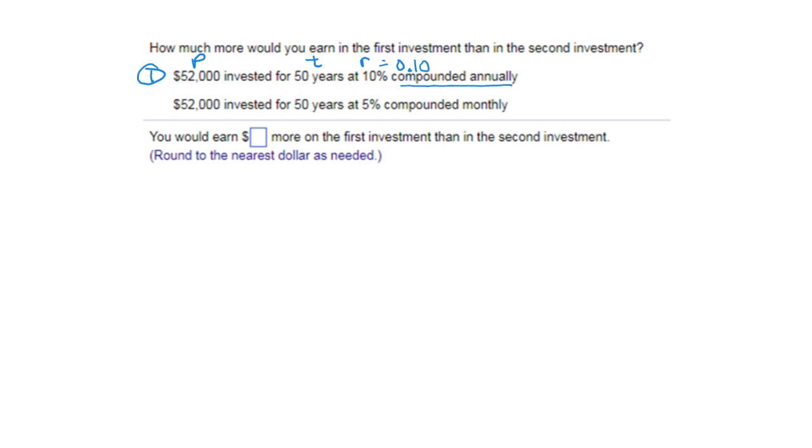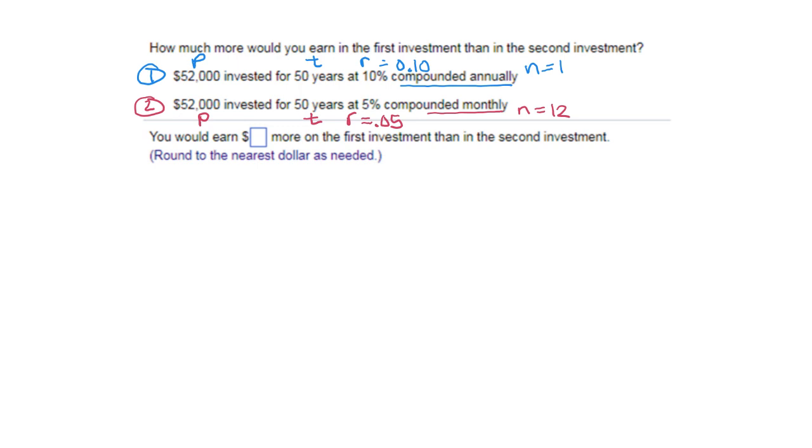Compounded annually, that's once a year, so n is equal to 1. Versus our second investment. P is again 52,000, time is 50 years, r is 5%, changed to decimal form, compounded monthly. n is equal to 12. How much more would you earn in the first investment than the second investment?